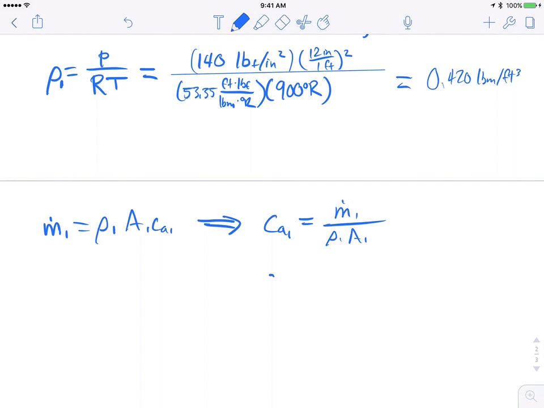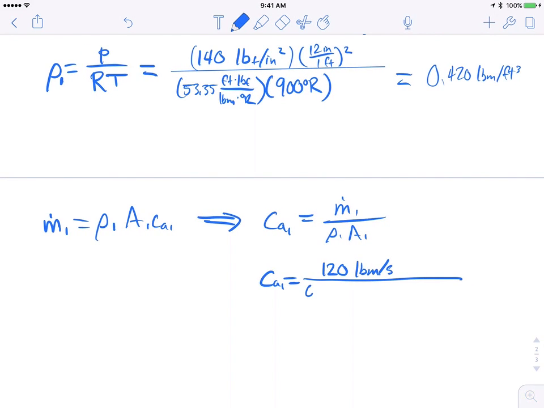So we have a mass flow of 120 pounds mass per second divided by our density of 0.420 pounds mass per foot cubed, and times our flow area of 0.401 feet squared. We wind up with units, as we would hope, of feet per second. So we'll have 712.0 feet per second as our axial velocity.